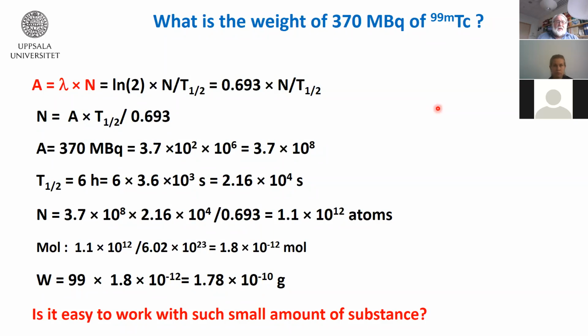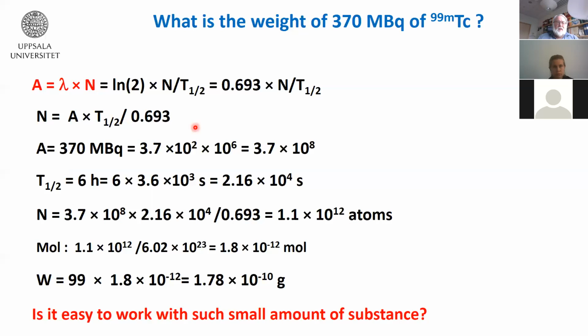It's relatively easy to calculate how much that is in grams or micrograms. By definition, activity is equal to lambda N, the decay constant multiplied by the number of atoms.